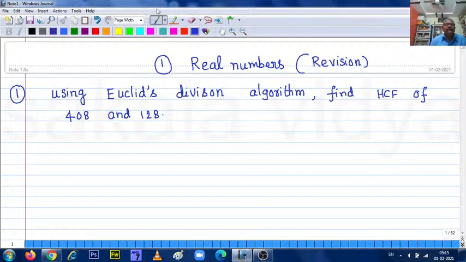Okay, so let us find out now. So first, what shall we do now? Here the highest number is 408. 408 divided by 128, right? 128 two times, you try.